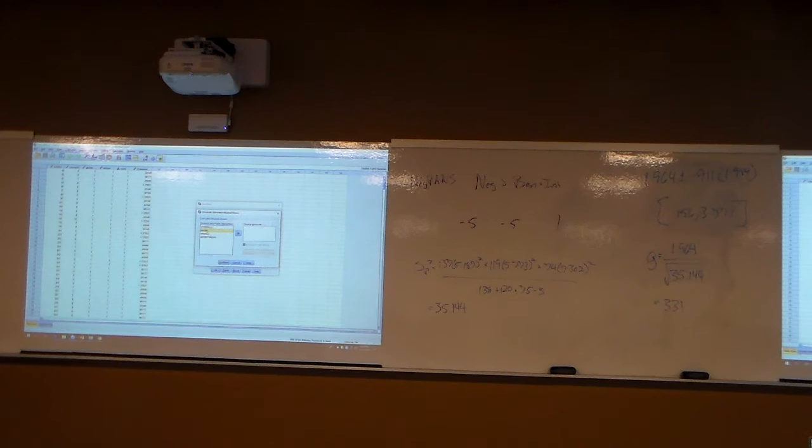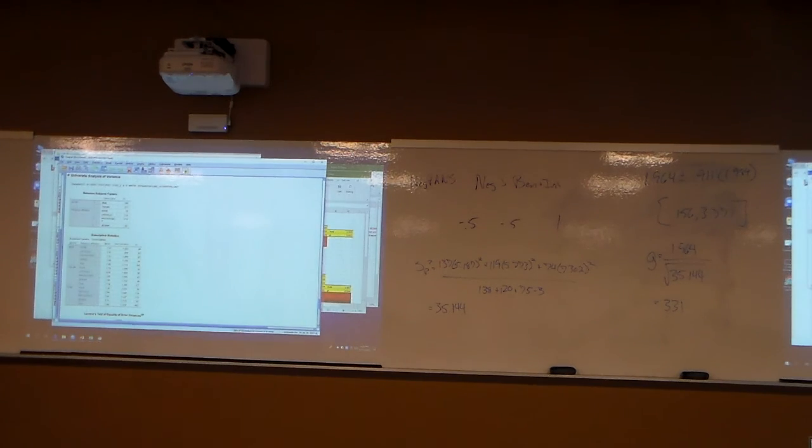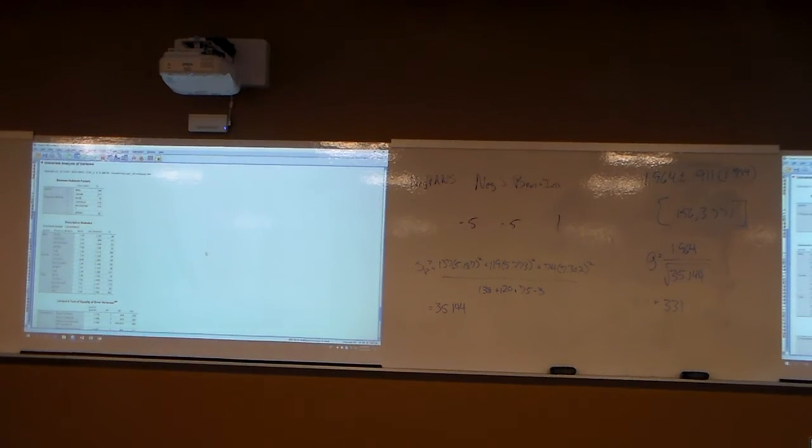I'll ask for marginal means for these just because it's kind of handy sometimes, to eyeball something quick. Hit continue, and that's all we need. So you guys hit paste, I'll hit OK. All right.